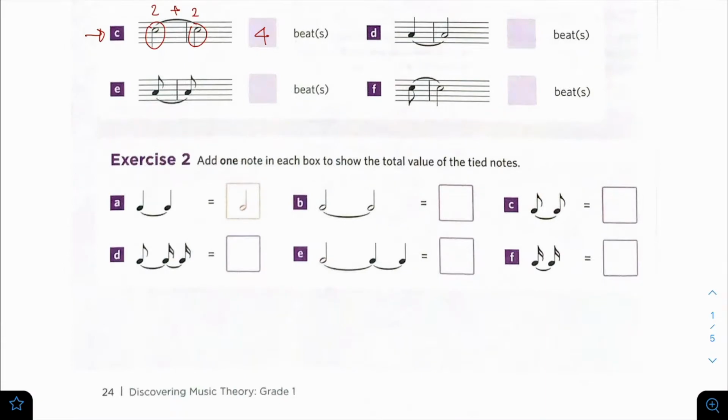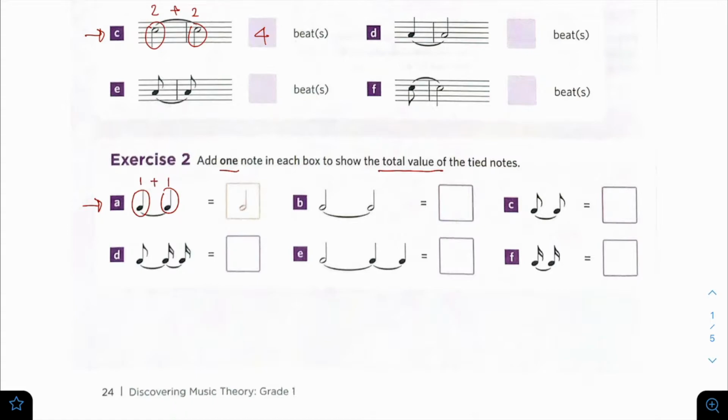Exercise 2. Add one note in each box to show the total value of the tied notes. This exercise is very similar to exercise 1, but instead of writing a number as an answer, we need to use a note that represents that number. Exercise A is done for you. We have a crotchet, which is 1 count, plus another crotchet, which is another count.